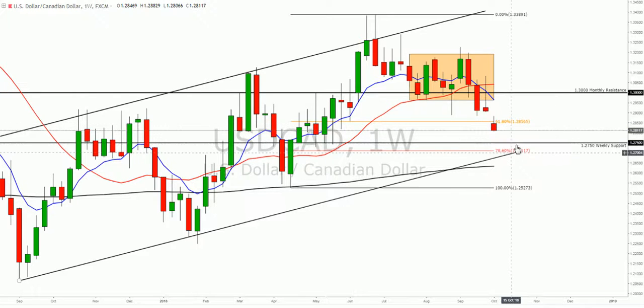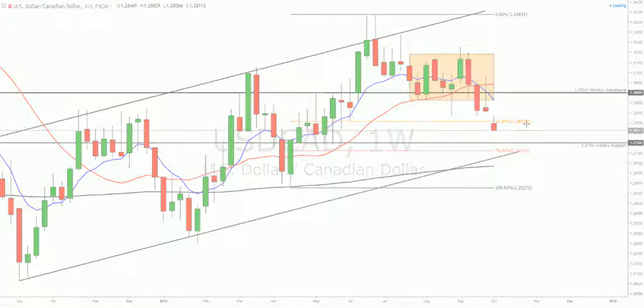So initial targets at 1.2750, but should we comfortably break this 1.2710 level, which is the 78.6% retracement of our Fibonacci, then we could be looking at that further downside move as specified on the monthly time frame, down to 1.25.